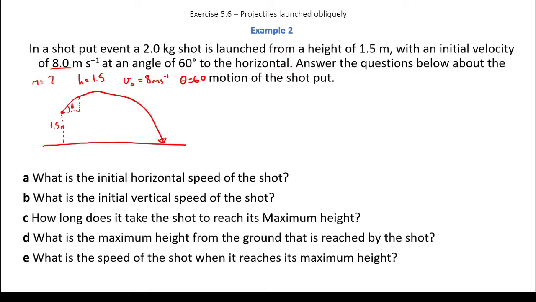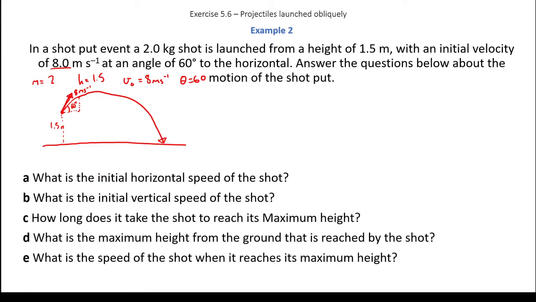And that angle there is 60 degrees. That's what's happening in this case.